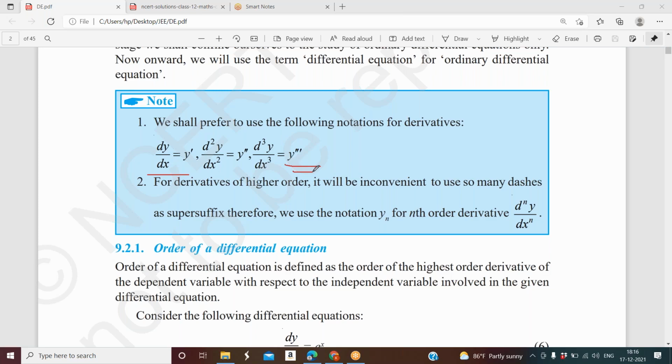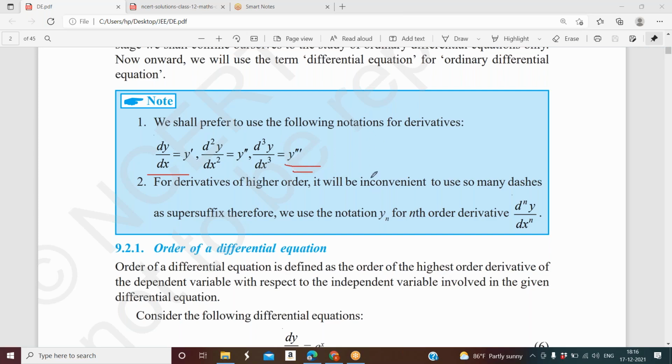Therefore, we use the notation y^n for the nth order derivative. For the first derivative, I can use y dash. For the second derivative, I can use y double dash. For the third derivative, I can write y triple dash. But if you have higher order derivatives, like the 7th, 10th or 11th derivative, I cannot put so many dashes.